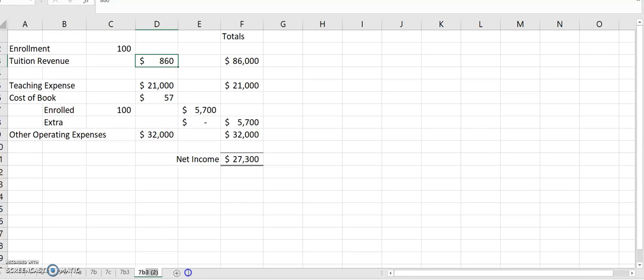So let's see here, we're up to number 4 now. If we have 115 students, what does that mean? Well, our revenue goes through the roof, right? We have a lot of students coming. Our book cost goes up, but everything else remains constant.